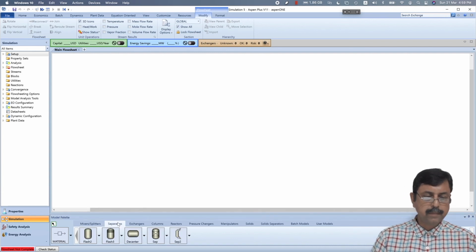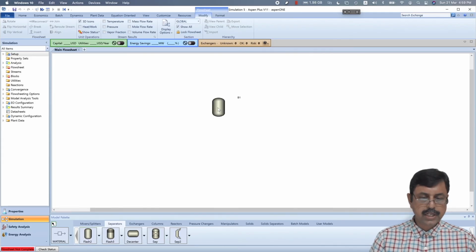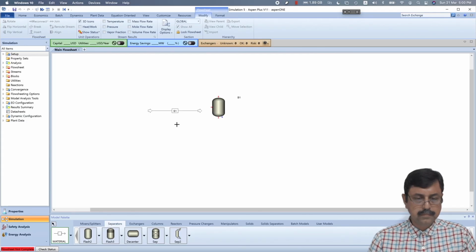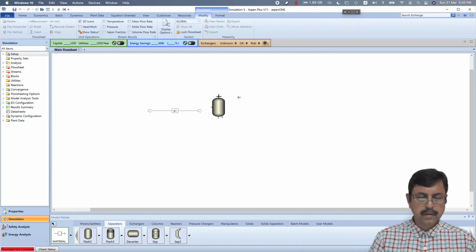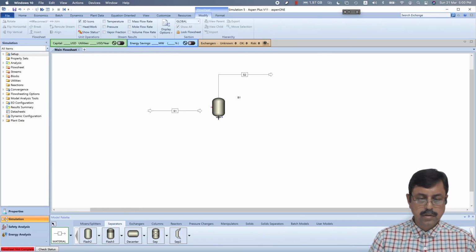and bring in the separator, flash, material in, this is vapor out, this is liquid out, this one we reconnect to destination.